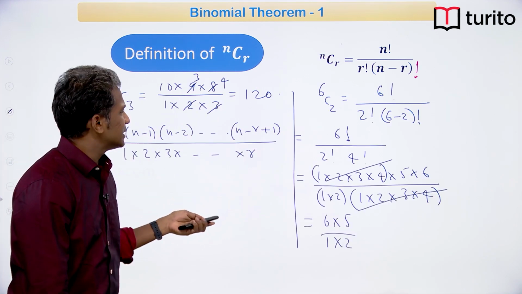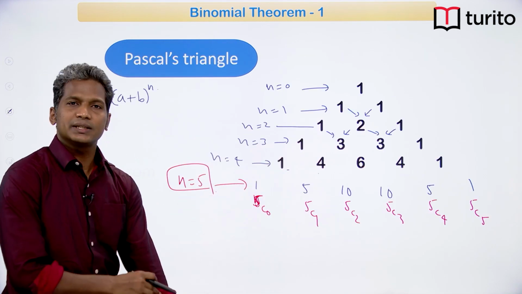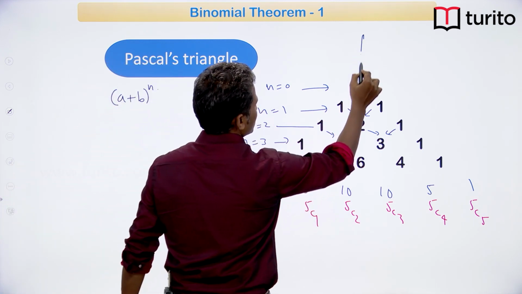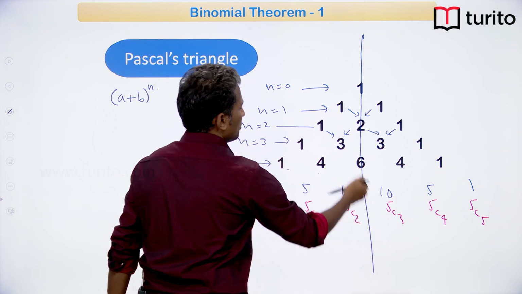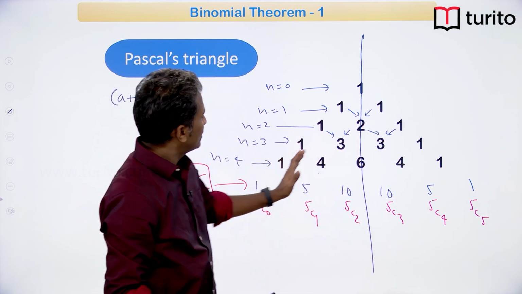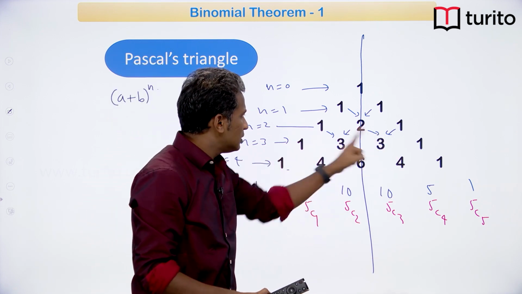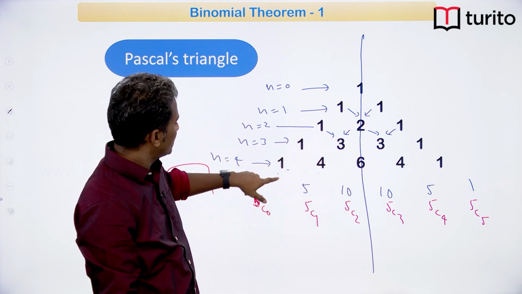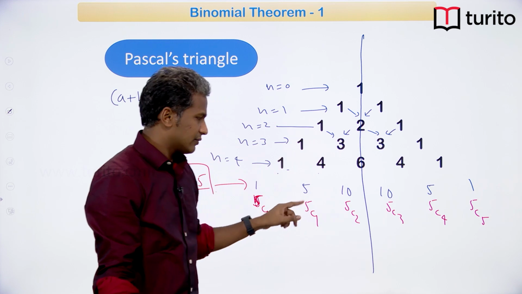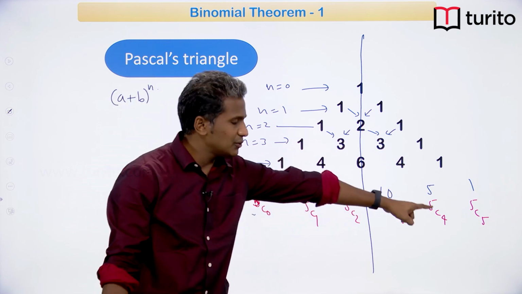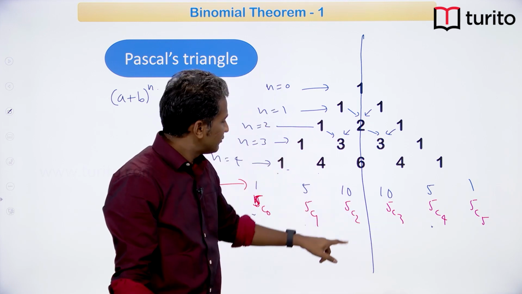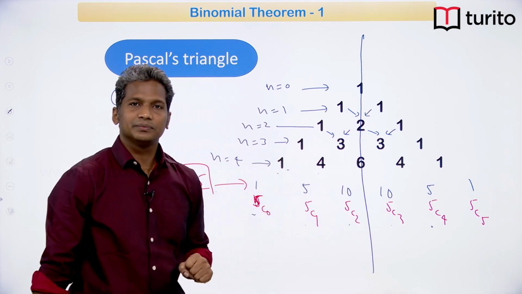Also, to understand this, if we look at this Pascal's triangle, this triangle is going to be an isosceles triangle. So about the middle term, if you draw a line, about this line, all the numbers are symmetric. For example, 5C0 is equal to 5C5, 5C1 is equal to 5C4, 5C2 is equal to 5C3.